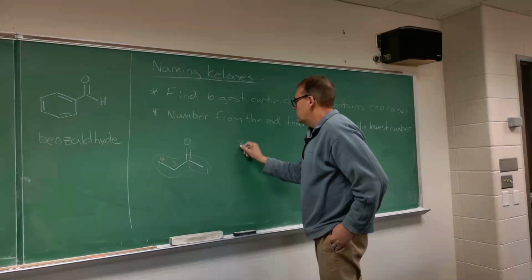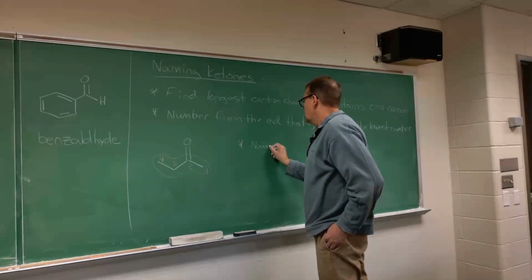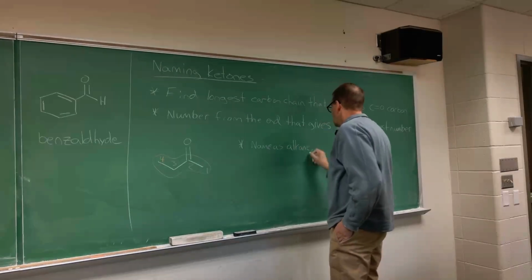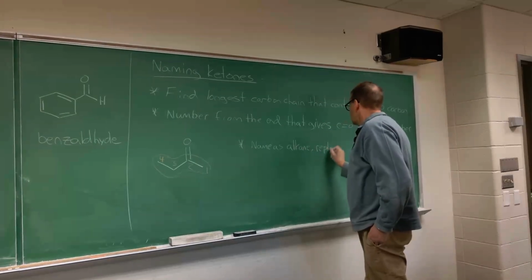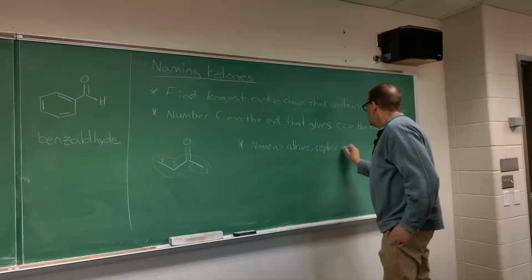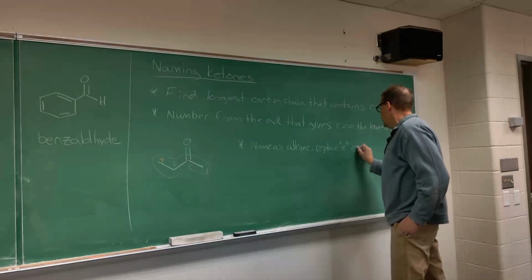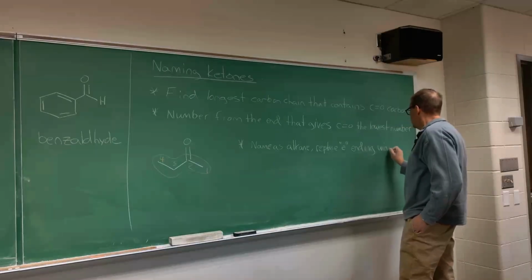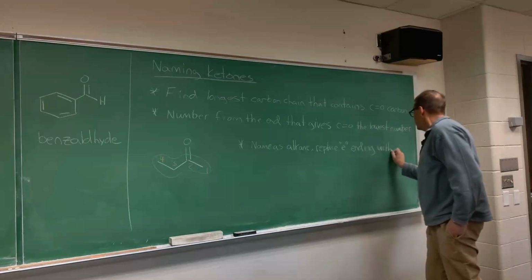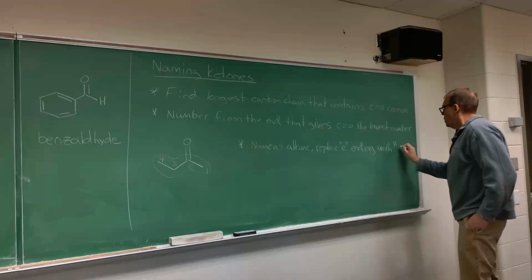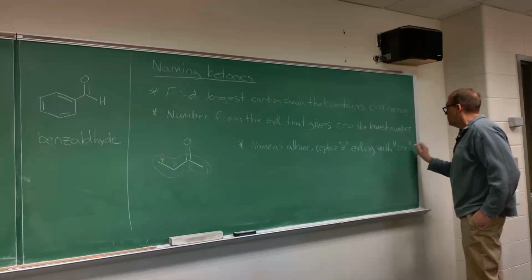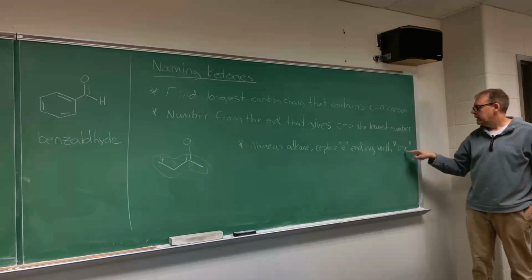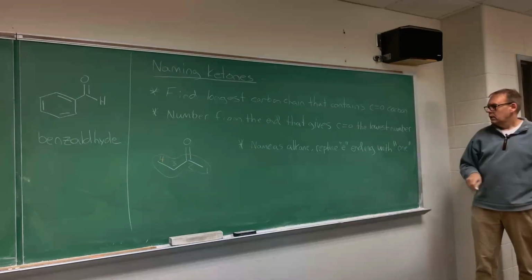So then you want to name as an alkane. Replace the E ending with O-N-E, own. I know it looks like 1 when you see it out of context like that, but O-N-E for ketone.